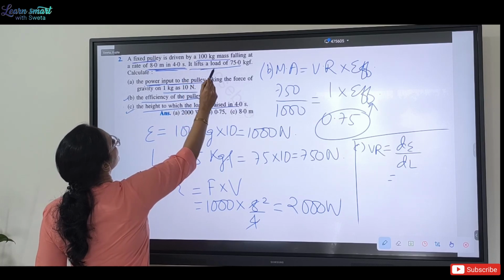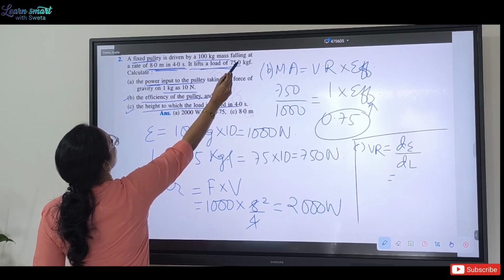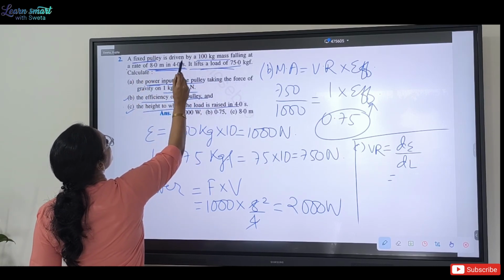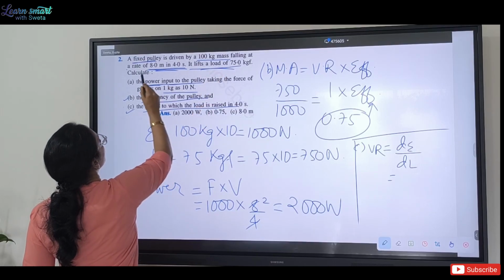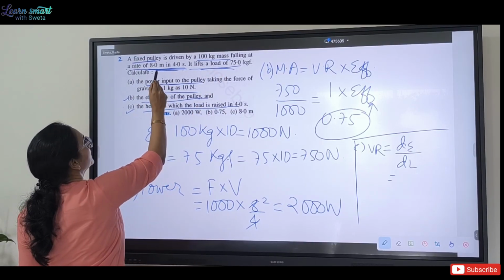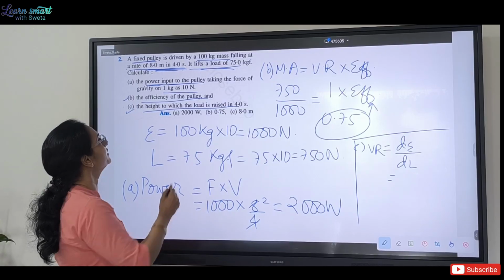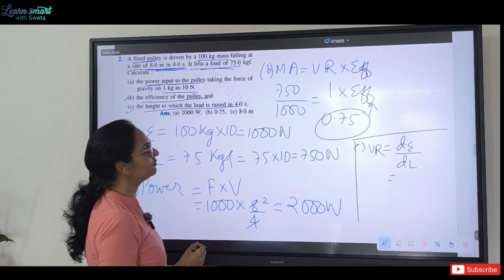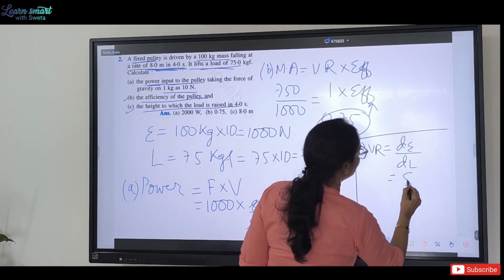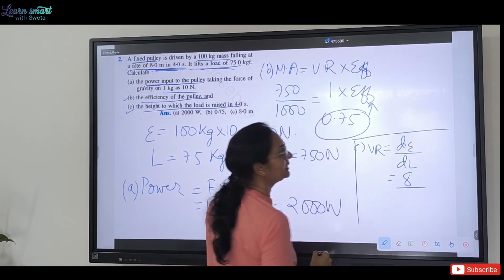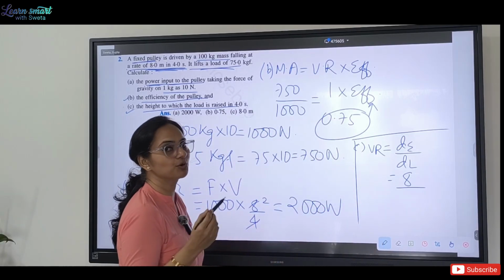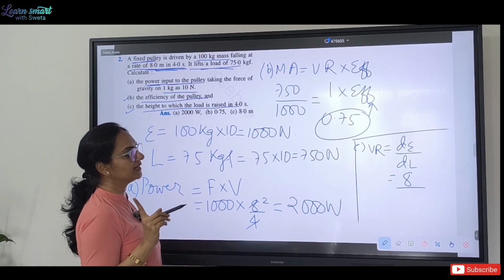Now we can see that they have given that the fixed pulley is driven by a 100 kg mass falling at a rate of 8 meter in 4 seconds. So this is the distance moved by the effort. So 8 meter is the distance moved by the effort, and velocity ratio, we have to remember that for a fixed pulley it is 1.